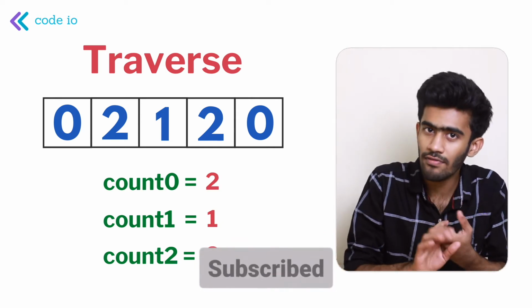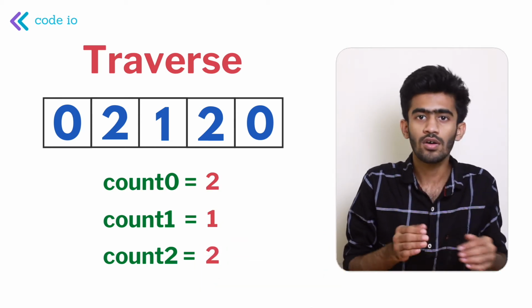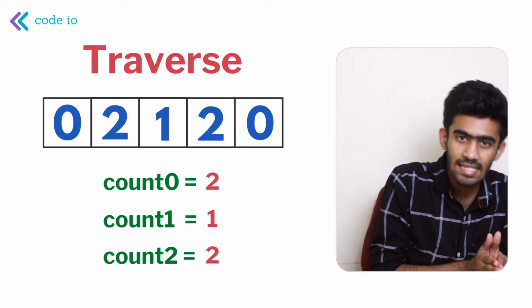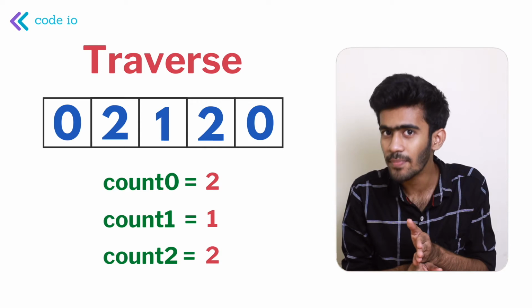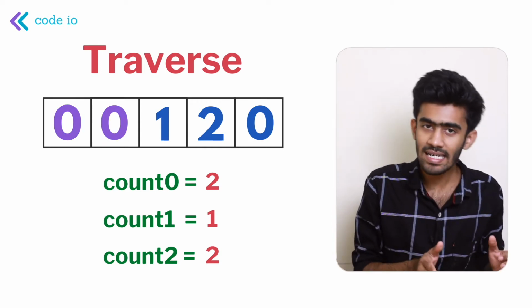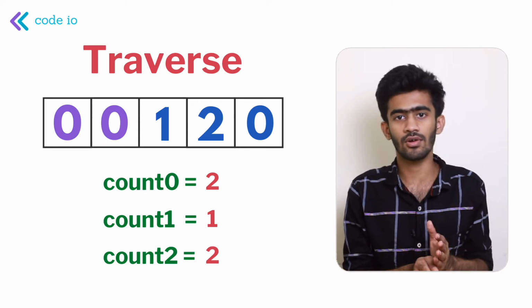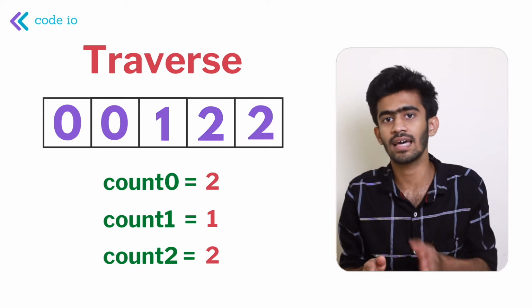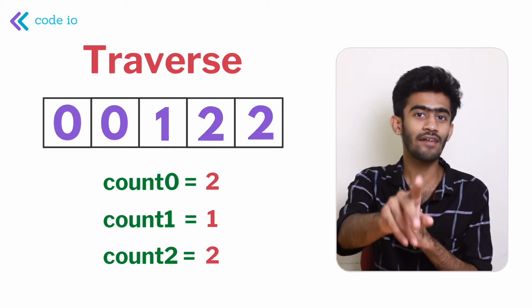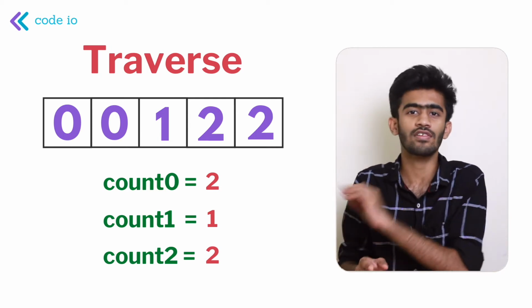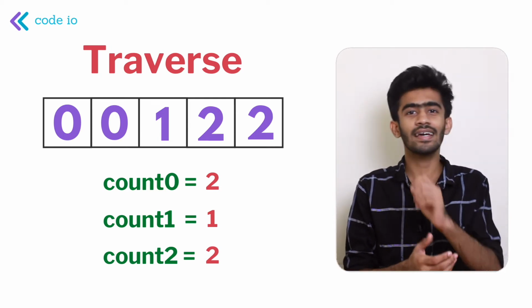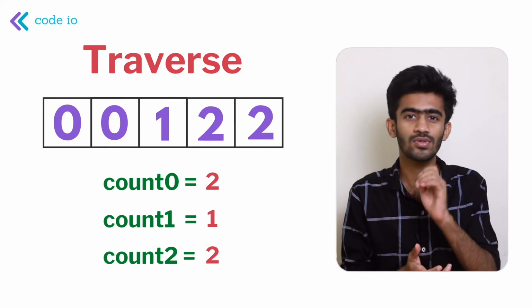We have the count of zeros, ones and twos. So first we'll traverse this array from 0th index all the way till the count of zeros. Till that count we'll fill in zeros and then we'll start filling in ones and then twos. We have the count, so we know till how much we have to fill ones, till how much we have to fill twos. So that is the logic that we are going to use to solve this problem.